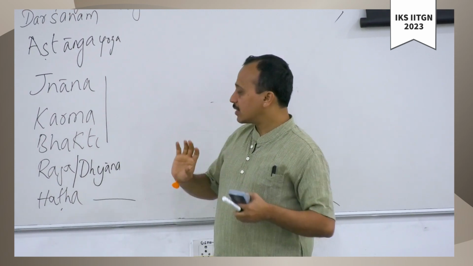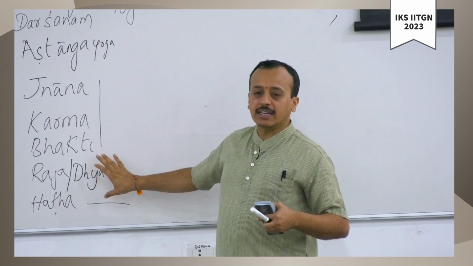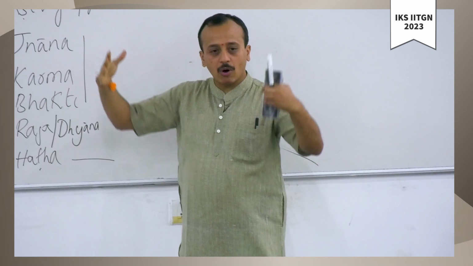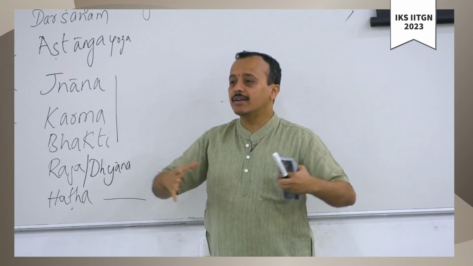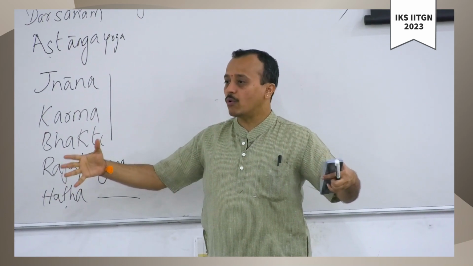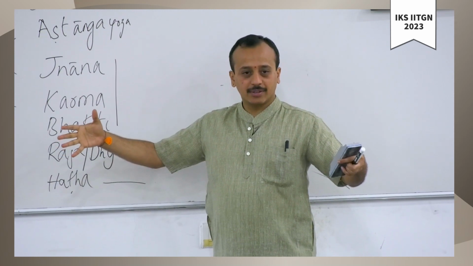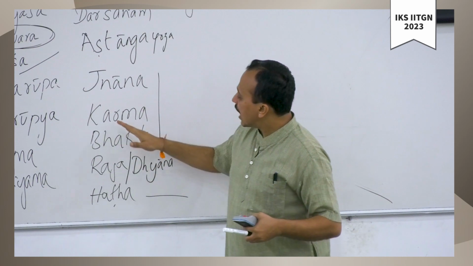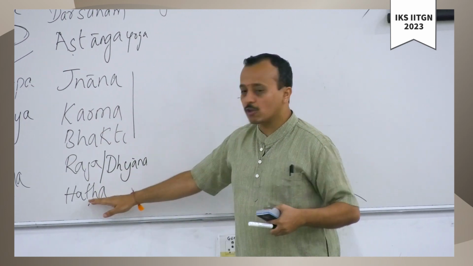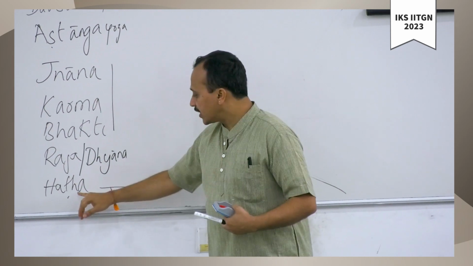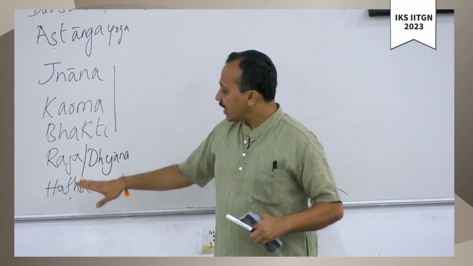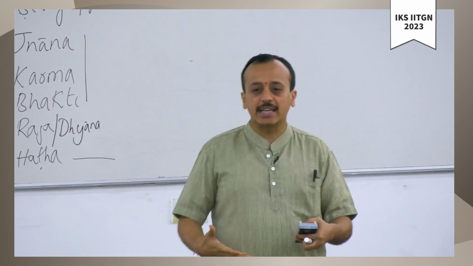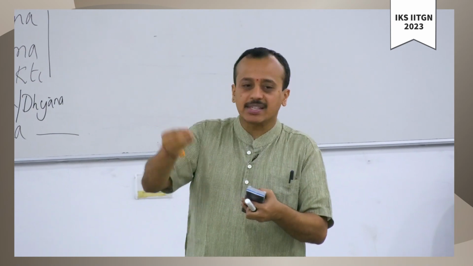Therefore, in this context, what Patanjali does is combine all these elements into one highway, one royal path. Okay, all the elements are there. I have part of jnana, part of karma, part of bhakti. With reference to asana, there's also part of hatha that has come up. And therefore, he comes up with Raja Yoga, which combines all these elements, but to certain levels.